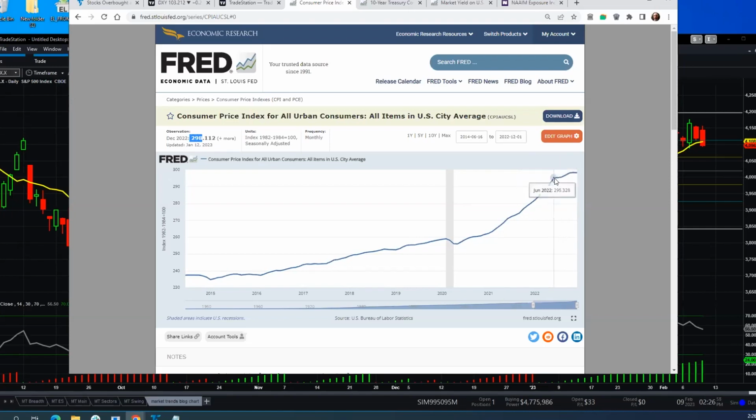So what's interesting here is when we get to June of this year, if we just flatline, CPI's year-over-year increase is going to go down really fast. If you have a numerator and a denominator, right now the denominator is small, because we're looking at December 2022 against December of 2021, which means the overall value of our fraction is higher.